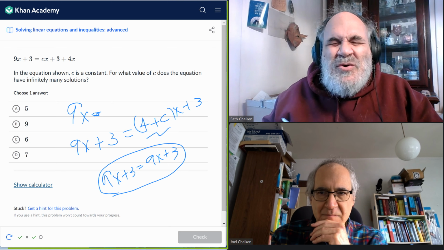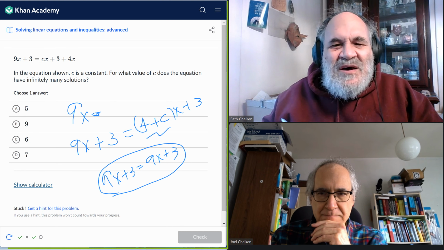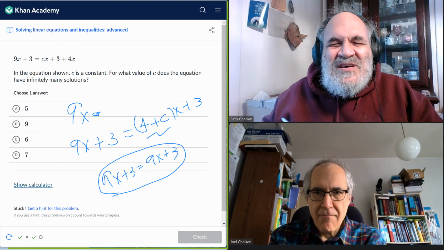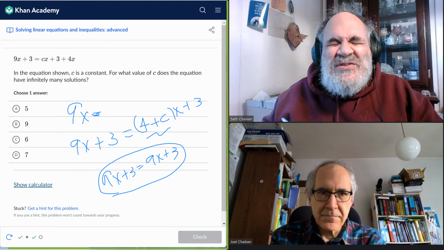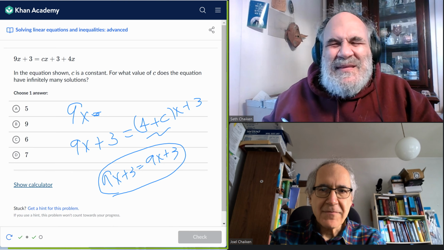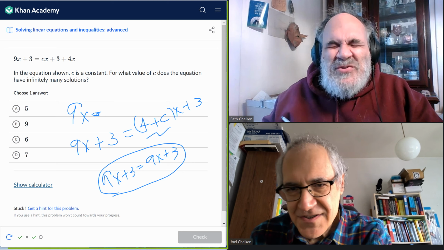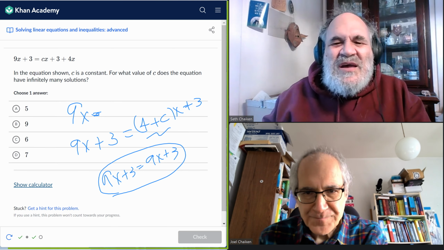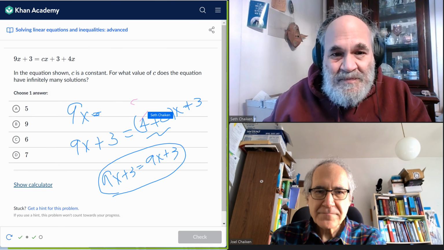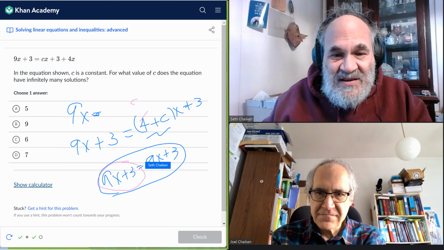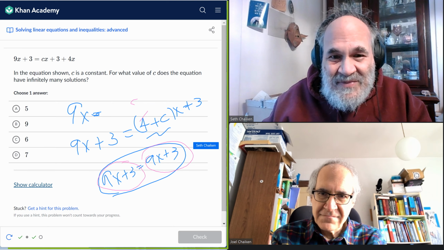When 4 plus c equals 9, you get an equation that says the same expression is equal to itself. The left-hand side and right-hand side are the same.